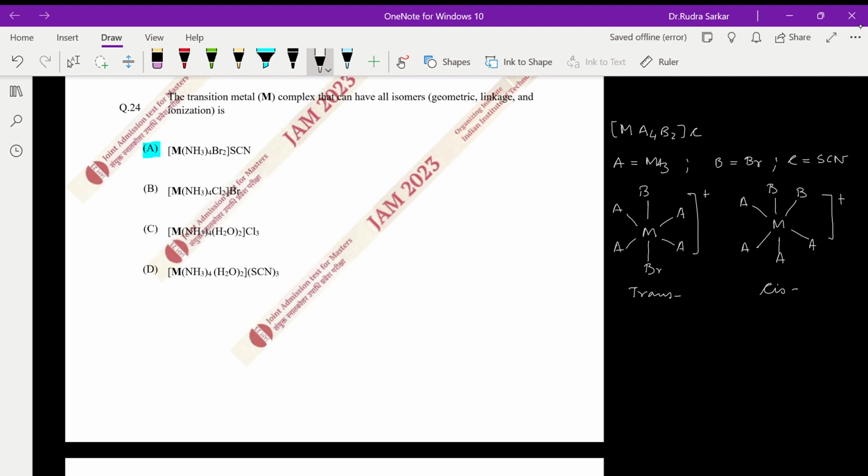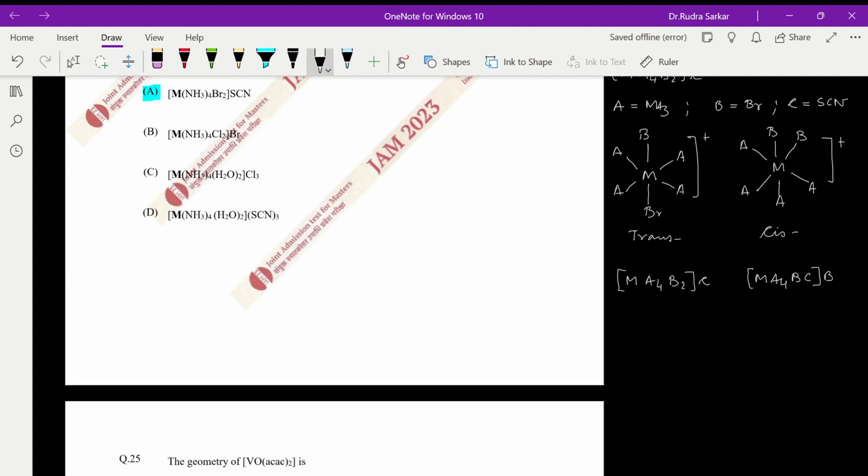And now about ionization isomerism, we will say it is going to be Ma4B2C. So its ionization isomer will be Ma4BCB.